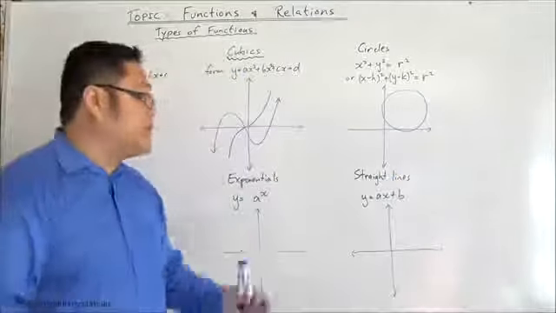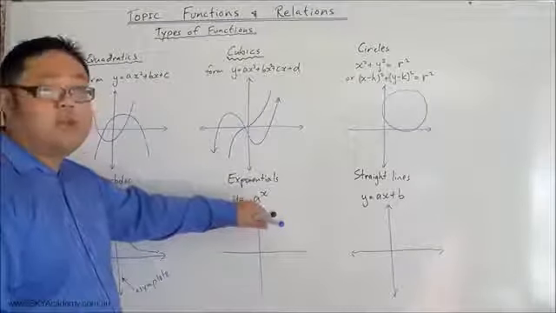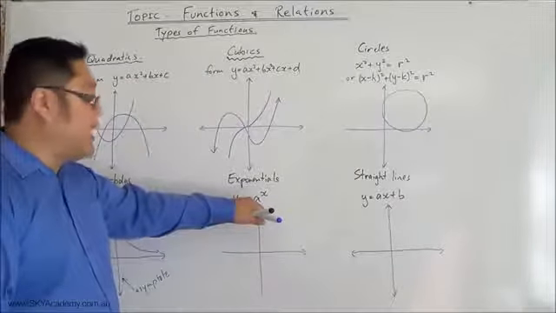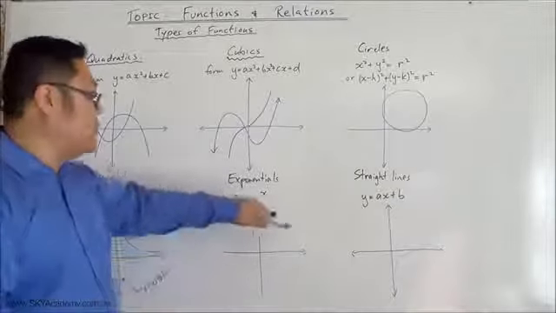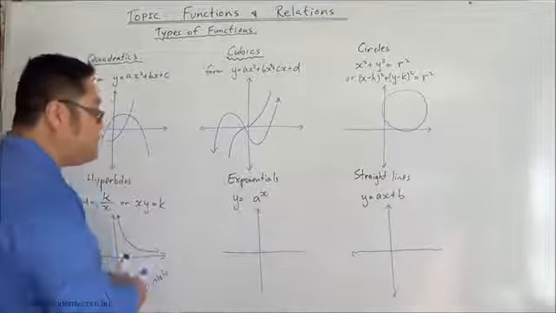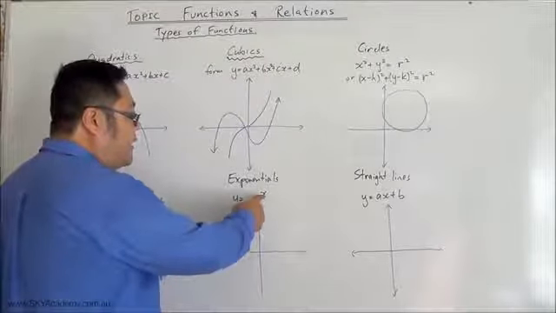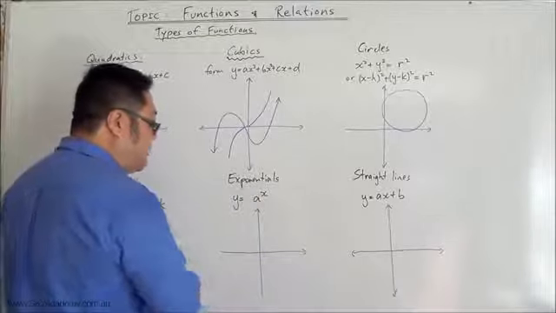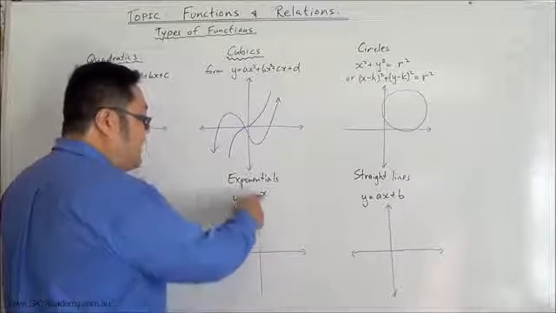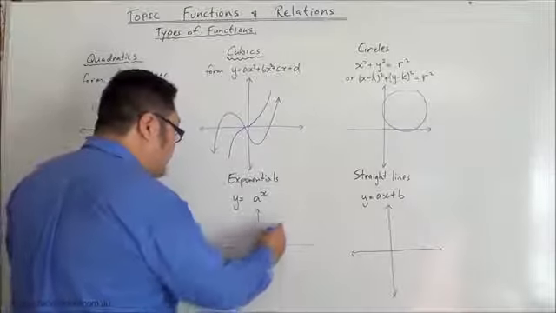Now let's move on to exponential functions. Exponential functions take on the form y equals a to the power of x, where a is a constant, or to a power of some function of x. In its positive form, where x has a positive constant in front of it, it will look like this.